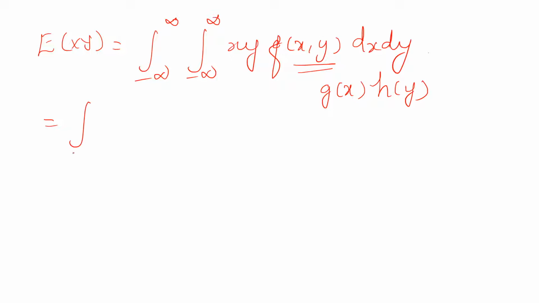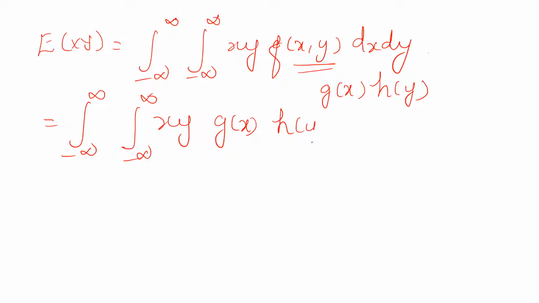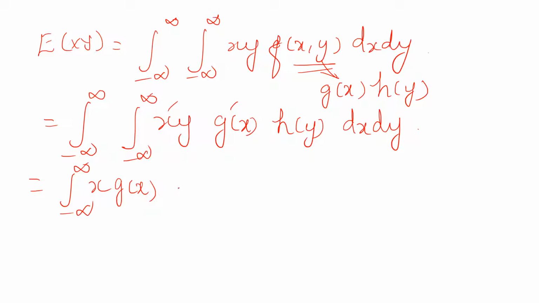So this can be written as the double integral of x into y into g of x into h of y into dx dy. Because they are independent variables, I can take the integral from minus infinity to plus infinity of x into g of x dx, into the integral from minus infinity to plus infinity of y into h of y dy.